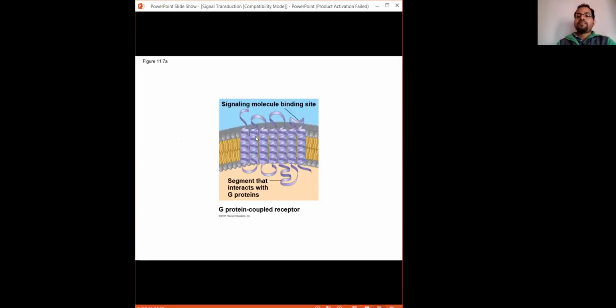This is the cartoon of a G protein coupled receptor. You can see 1, 2, 3, 4, 5, 6, 7 transmembrane regions are there. So this is a huge complex. You can see it is a protein which has 7 transmembrane domains, and these are the loop regions.